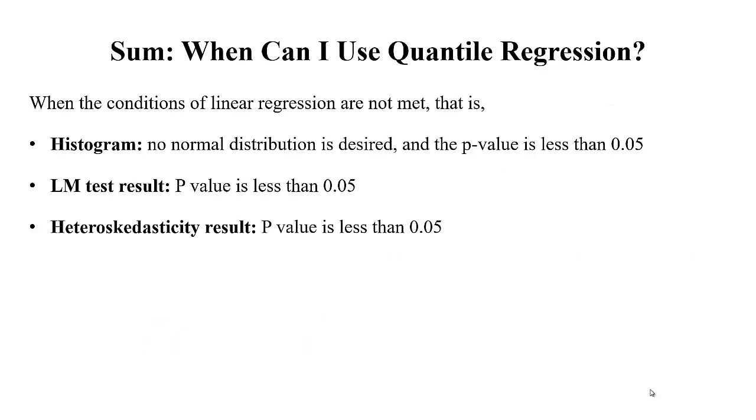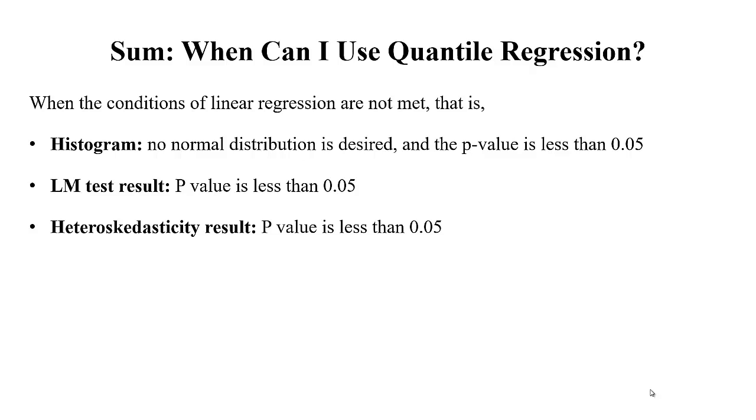Now, let me quickly give you the summary of the reasons for performing quantile regression. The first is that when you take a look at your histogram, which shows the normality of your data, and you notice that the data is not normally distributed, that is, the probability is less than 0.05, which is 5%, then there is a problem with that particular data, and the best method is quantile regression.